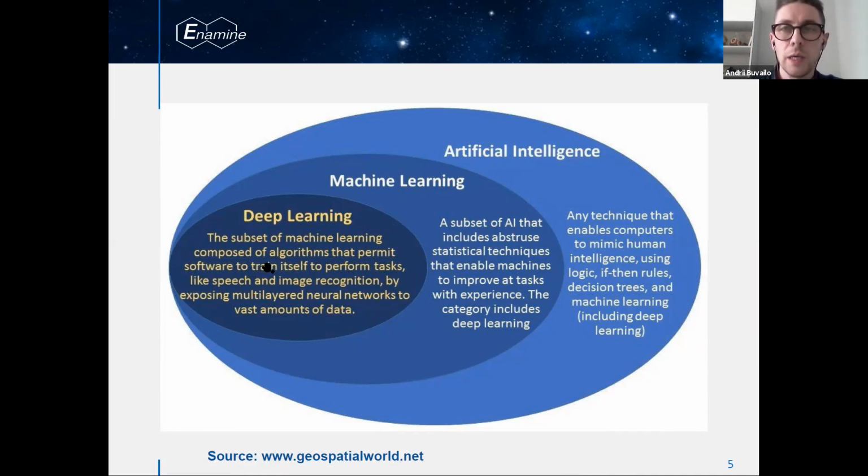And in 2012 there was a very marked event, the ImageNet competition, where very good results in image recognition were achieved on a large-scale data set of images.